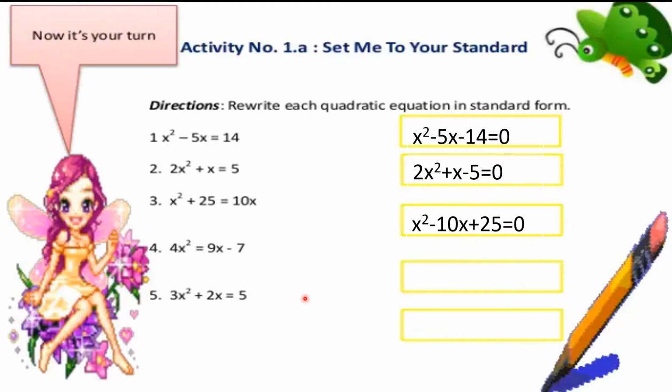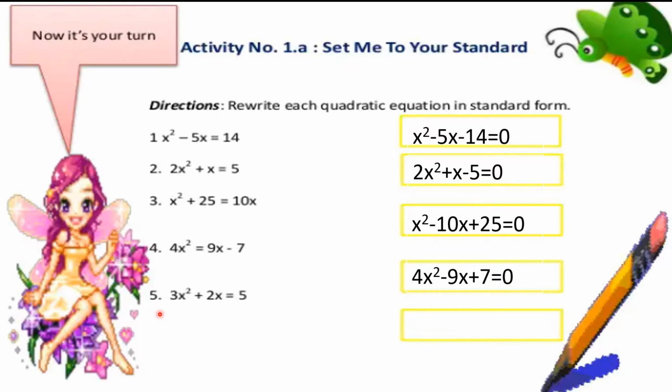How about number 4? Okay, so we have 4x squared, transpose itong dalawang term. So, magiging negative 9x kasi positive siya dito. Then, itong 7, negative 7, pag lumipat sa kabila, magiging positive 7. So, therefore, our answer is 4x squared minus 9x plus 7 equals 0.